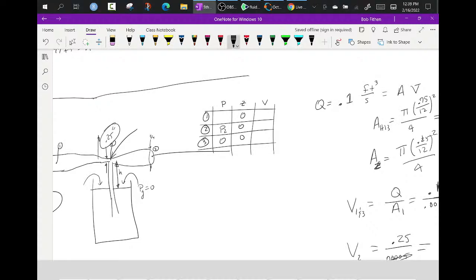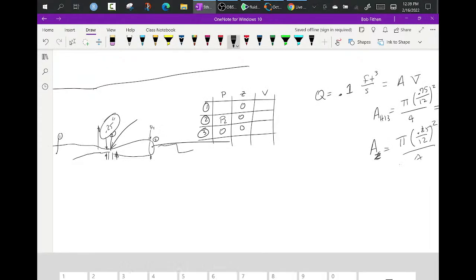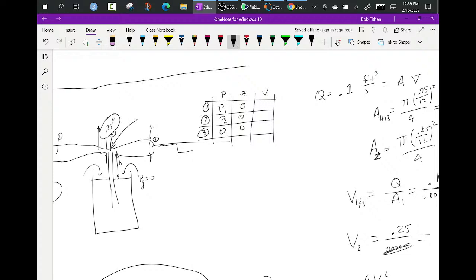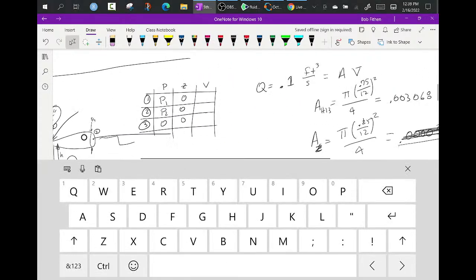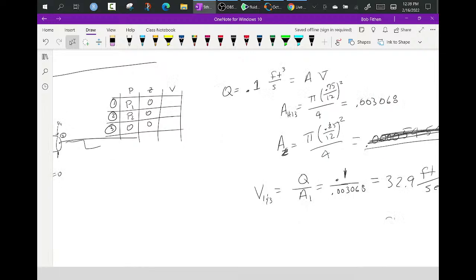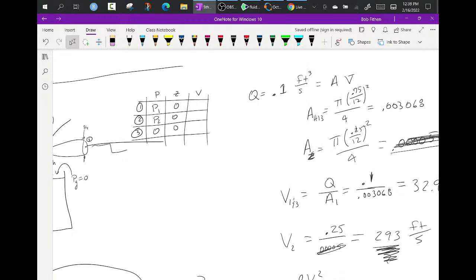Sorry, it goes backwards. We do know the pressure at the exit, 3. We don't know the pressure here at 1. We know the velocity at 1 is 32, and this is 290 roughly.